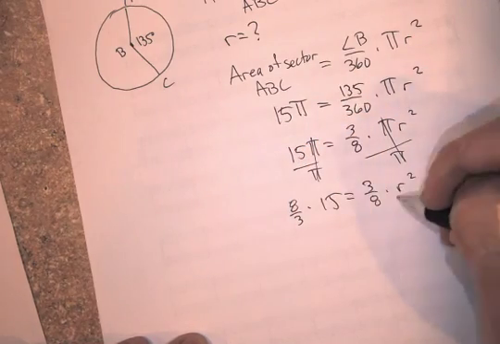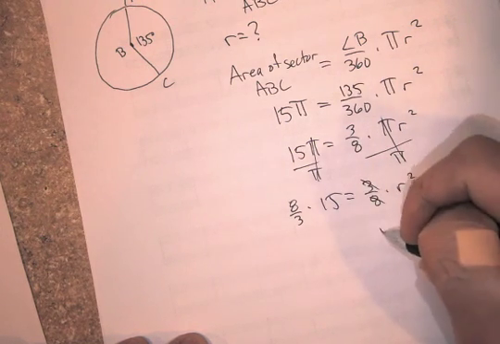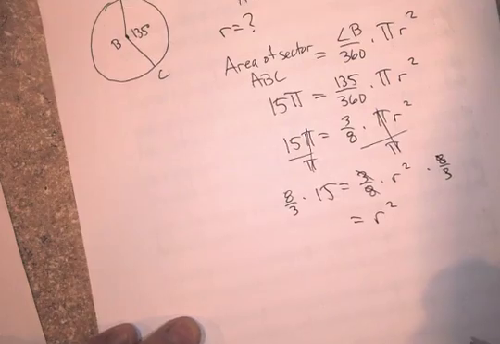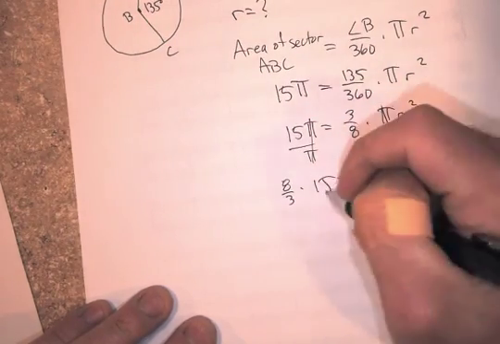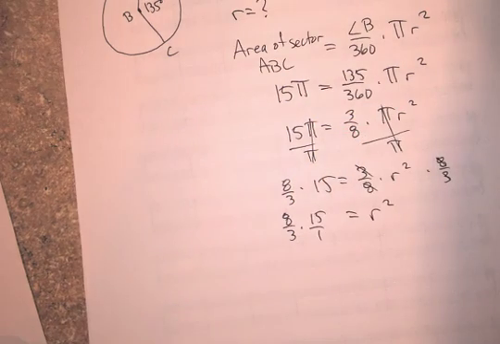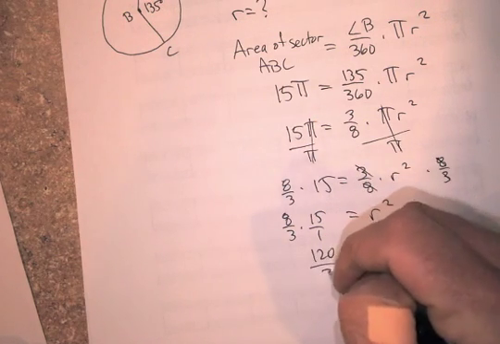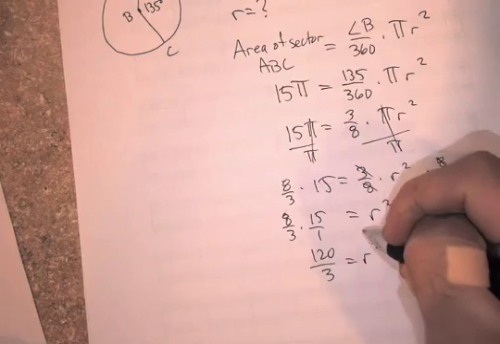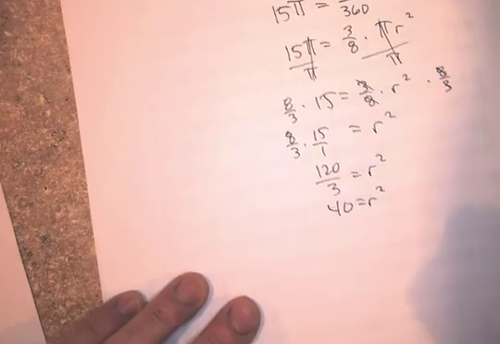So this is all going to cancel, right? R squared equals, we got to do 8/3 times 15. Okay, 8 times 15 is 120 over 3. This is 40. So it's kind of a long problem.